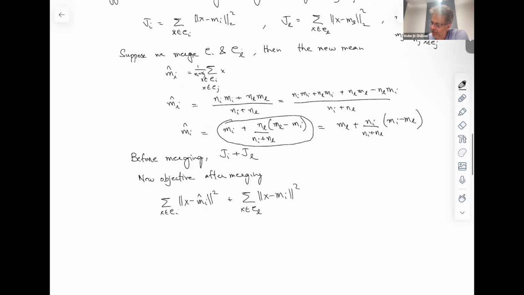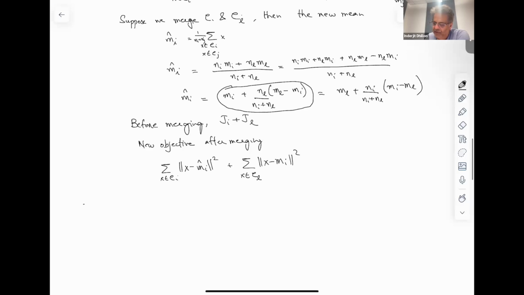So in the first term, I can write it as summation of x belongs to Ci, and you'll see why I'm doing it in a minute, norm of x minus, and I can substitute Mi minus Nl divided by Ni plus Nl, Ml minus Mi.